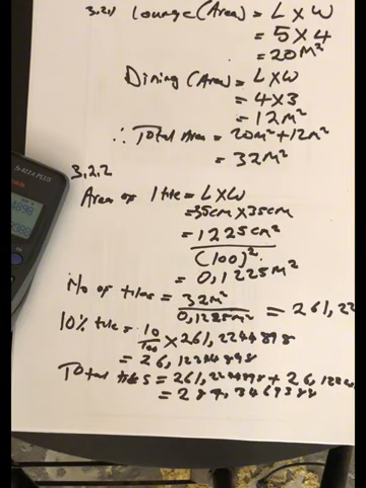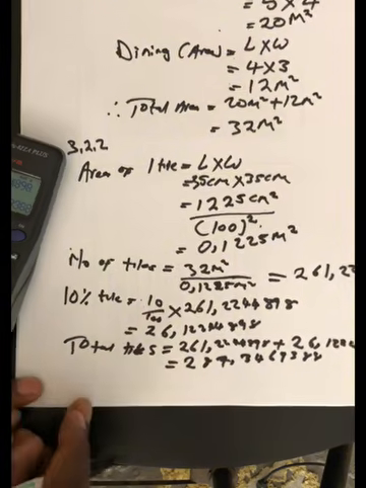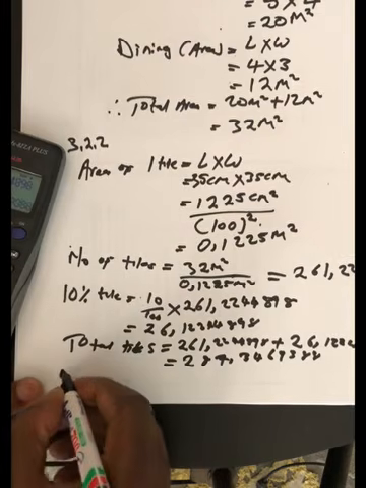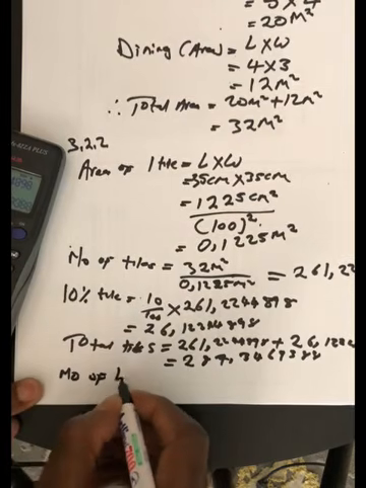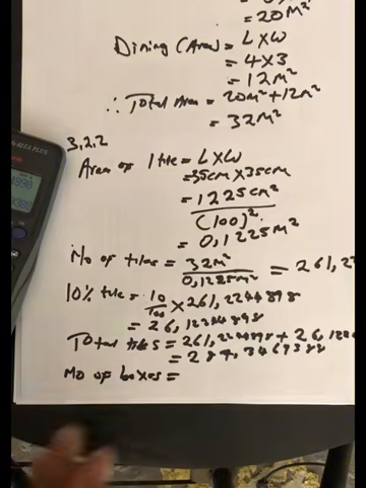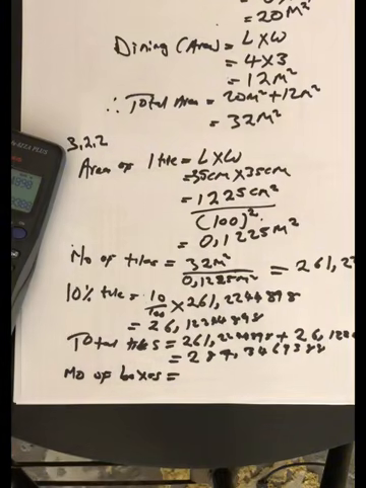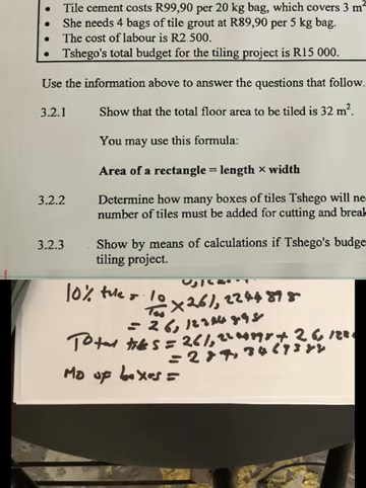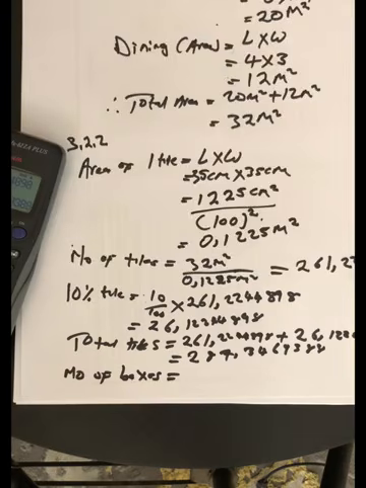But the question wanted us to calculate what? Boxes. So the next step is very simple. We just say number of boxes. We take the previous answer and divide it by 4, because they are saying that one box has 4 tiles. So it means that each and every box has 4 tiles inside.